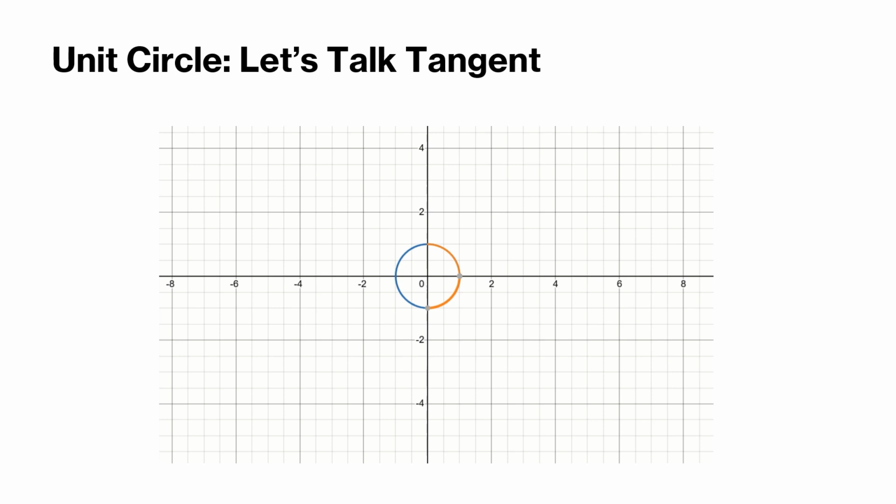But the other thing that's important is that we can't include the very ends of it, because that's where cosine is 0, and because tangent is sine over cosine, whenever cosine is 0, I'm going to have a vertical asymptote, and it's not going to be defined there. So right here at pi over 2, there's going to be an asymptote, and at negative pi over 2, I'm going to have an asymptote.